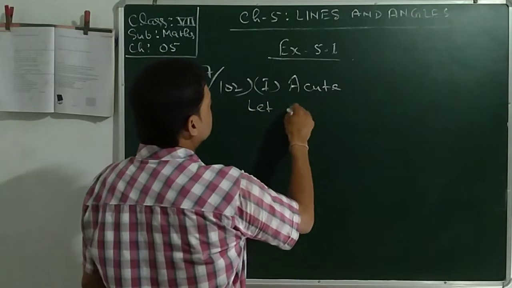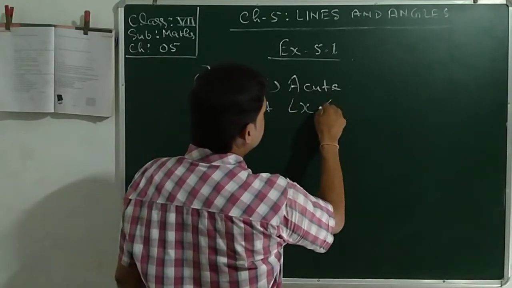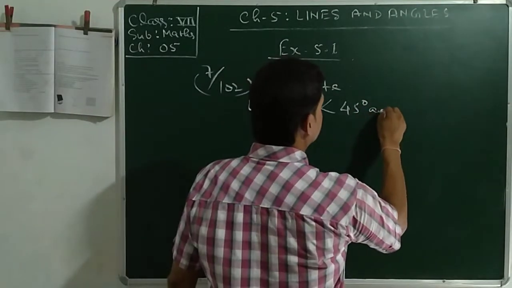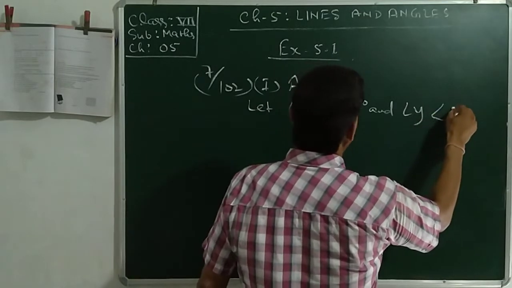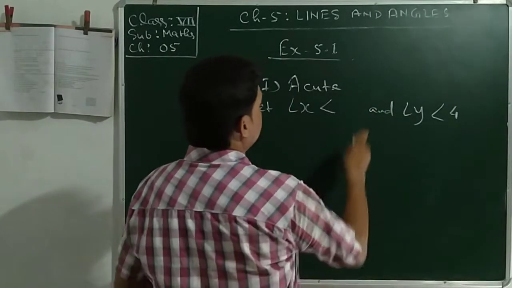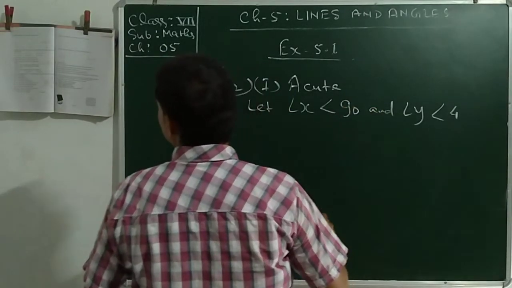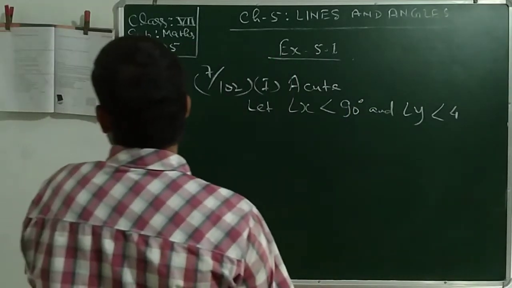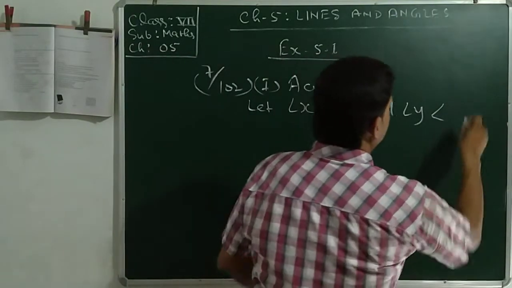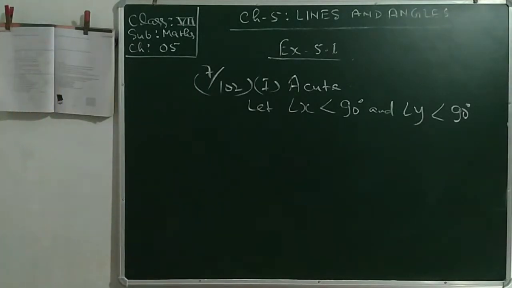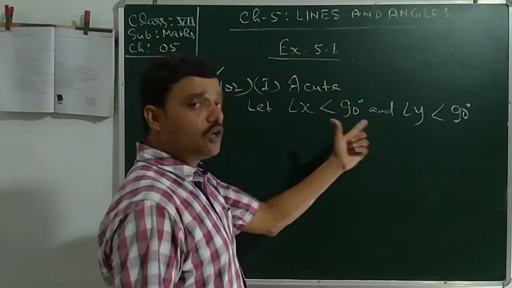Let angle x be less than 45 degree and angle y is also less than, not 45 degree, instead of 45, let us take 90, because they are acute, and acute angles are always less than 90 degree. And in the question it is asked, can they be supplementary? To be supplementary, they need to equal 180 degree.